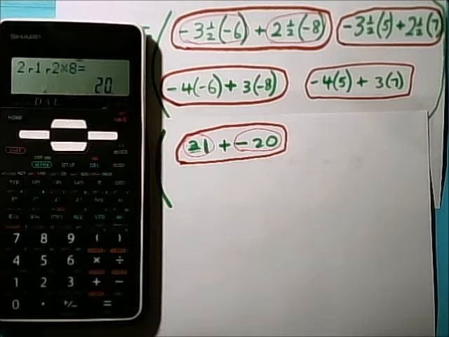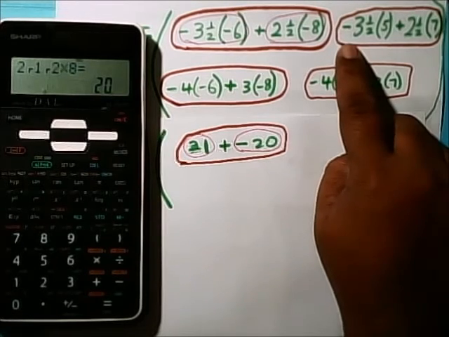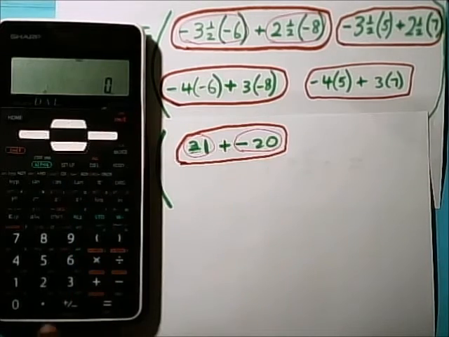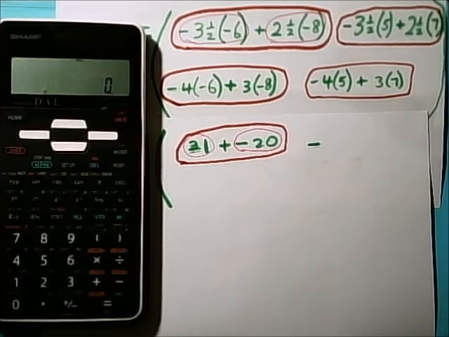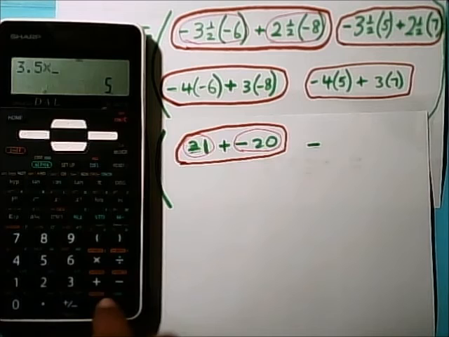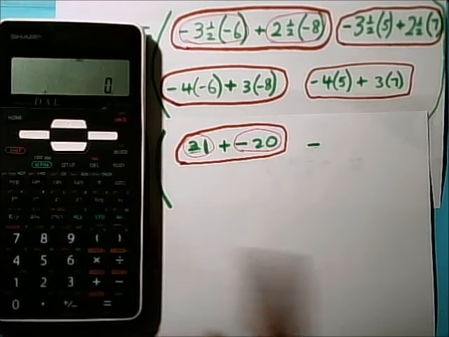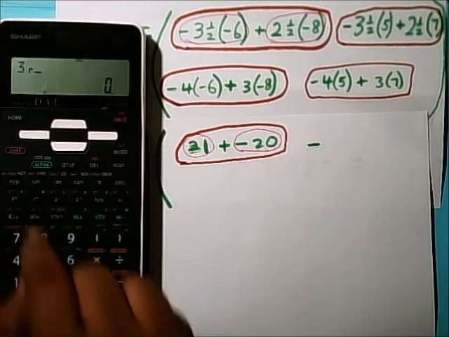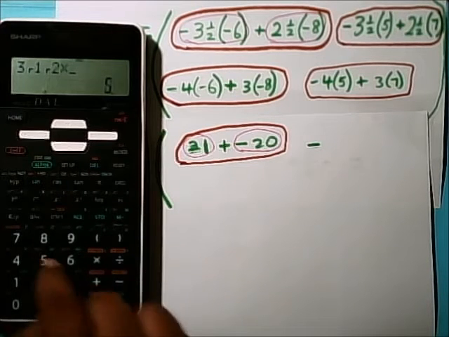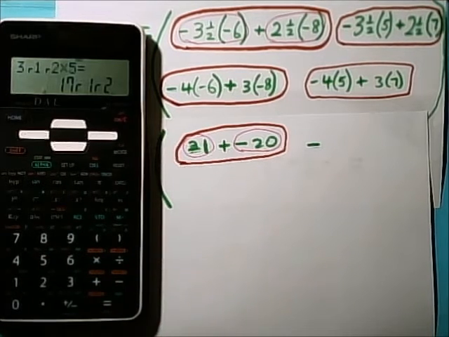Next one, minus 3.5 times 5. You'll get a negative answer, so I'll write that and just work out the numbers. 3.5 times 5, I get 17.5. Or I could write it with fractions, 3 fraction 1 fraction 2, times 5, I get 17.5.